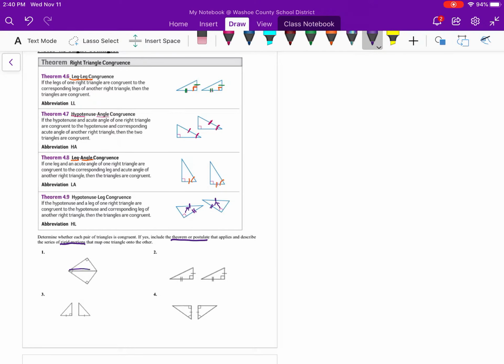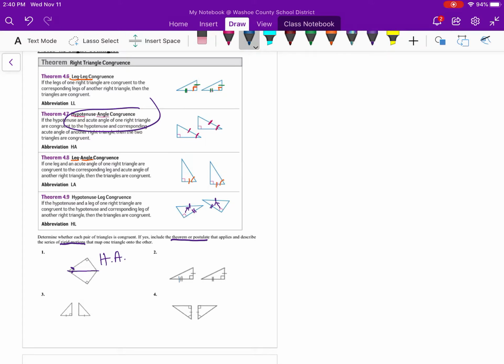For the first one, I have the shared hypotenuse, which means that these are probably going to be congruent. They have the same measurement because they share that same size hypotenuse. And then I have an angle. So I have a hypotenuse angle. So it's this one, the hypotenuse angle theorem.